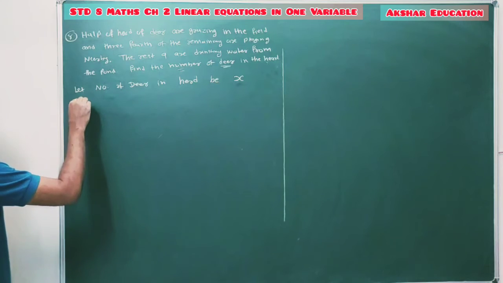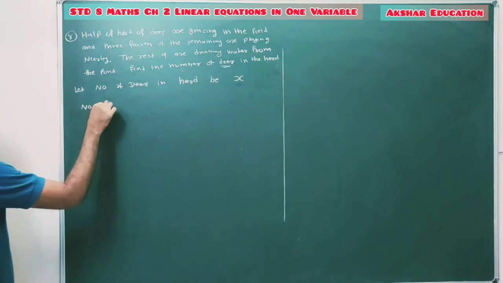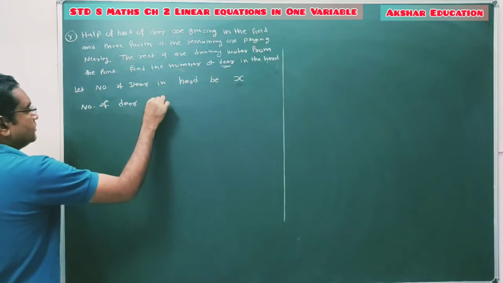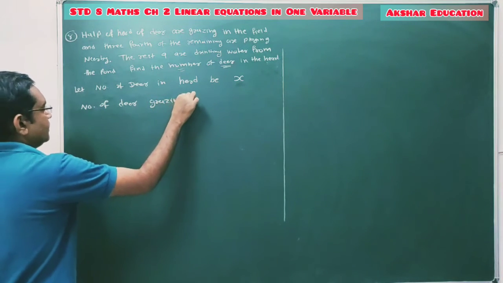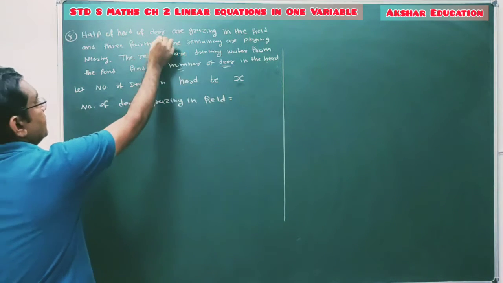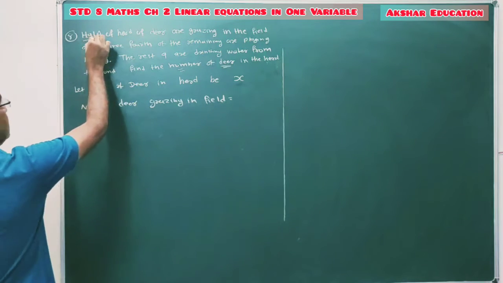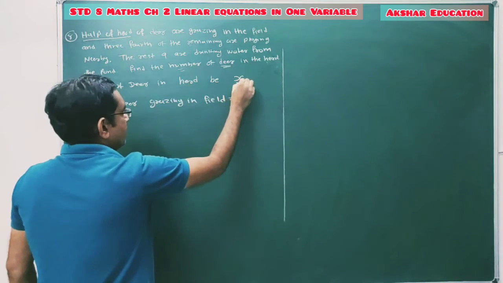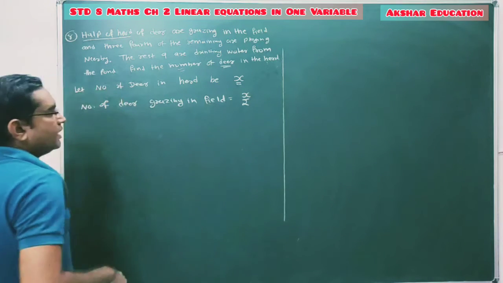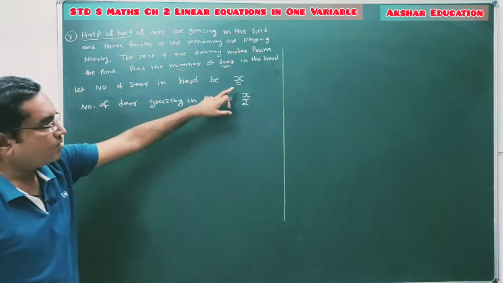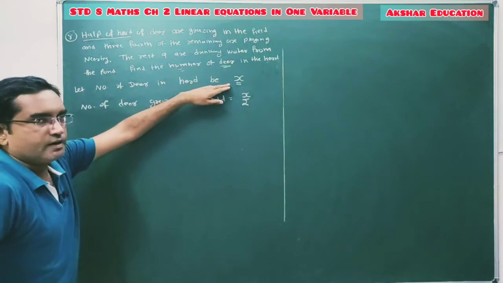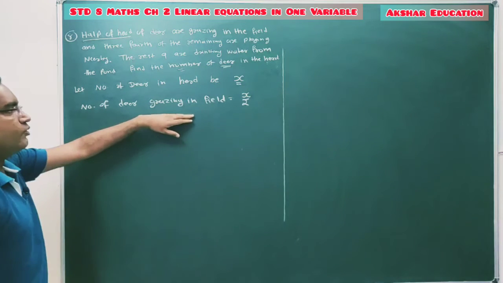So the number of deer grazing in a field is nothing but half of the herd, 1/2 into x. So x/2 deer from the total are grazing in a field. Out of all the deer, half are grazing.